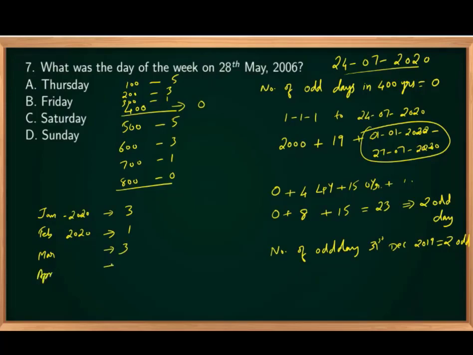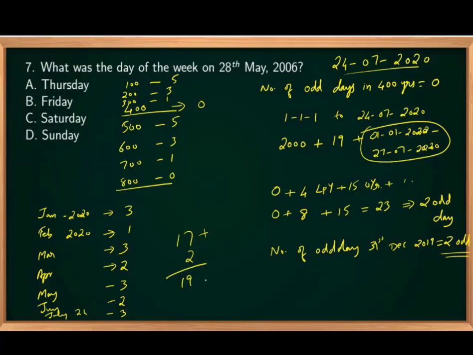Then April, 2 odd days, then May, June, and July up to 24 only. So 24 divided by 7, remainder 3. Just add 3 plus 1 plus 3 plus 2, so 9, 12, 15, 17. 17 plus the previous 2, 19. We got the answer as 19.